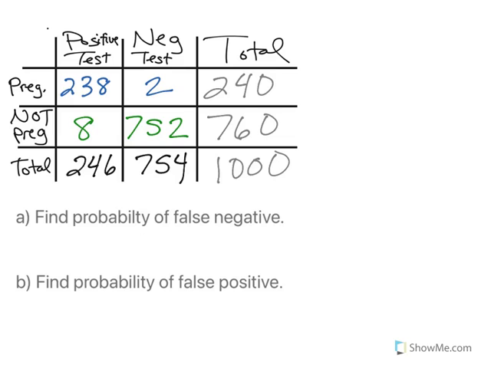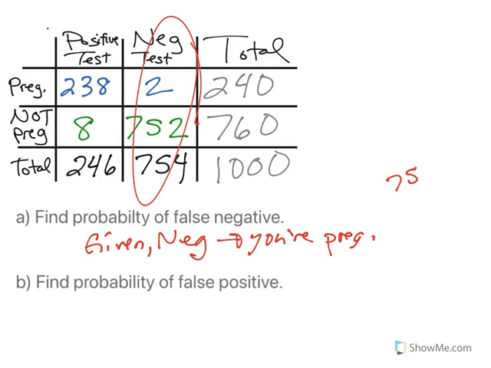Find the probability of a false negative. So that means given it's a negative test, you're pregnant, right? So given a negative test, 754, you are pregnant. That'd be a 2 out of 754 or 0.003. Very, very unlikely that if you test negative, I mean, it's possible, but very unlikely.